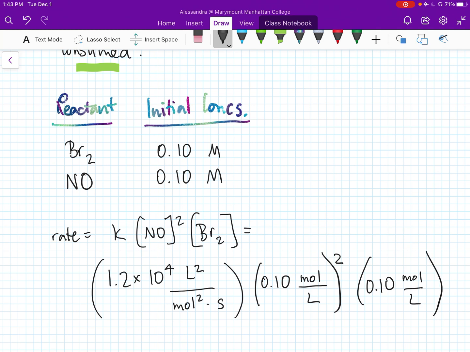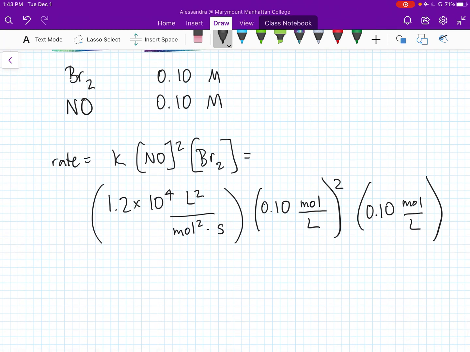All right, so now I can do the math. I have 0.1 squared, so it's 0.01 times 0.1 is 0.001 times 1.2 times 10 to the 4th. That should come out to 12. Now the units: we're going to cancel out the squared units of molarity here, and you can cancel out the square here too.